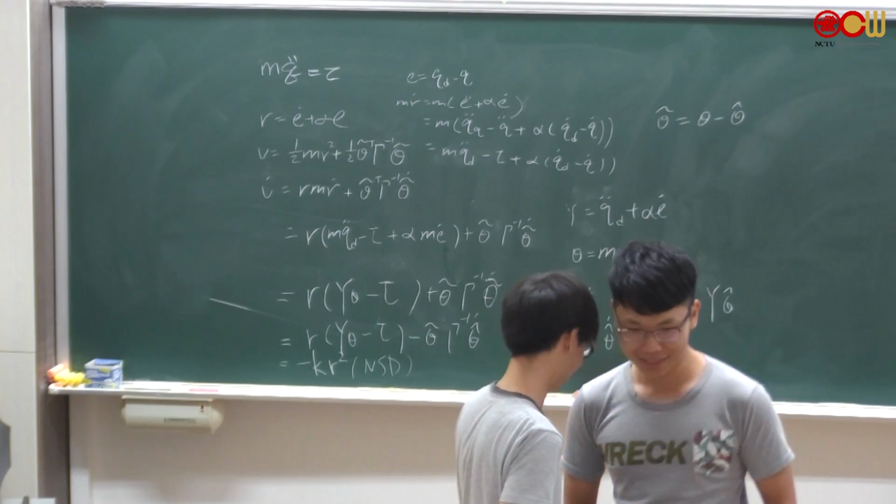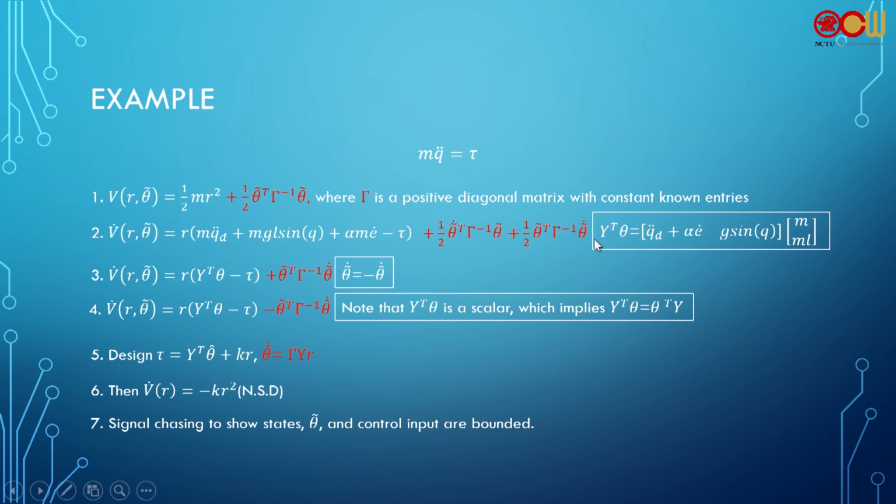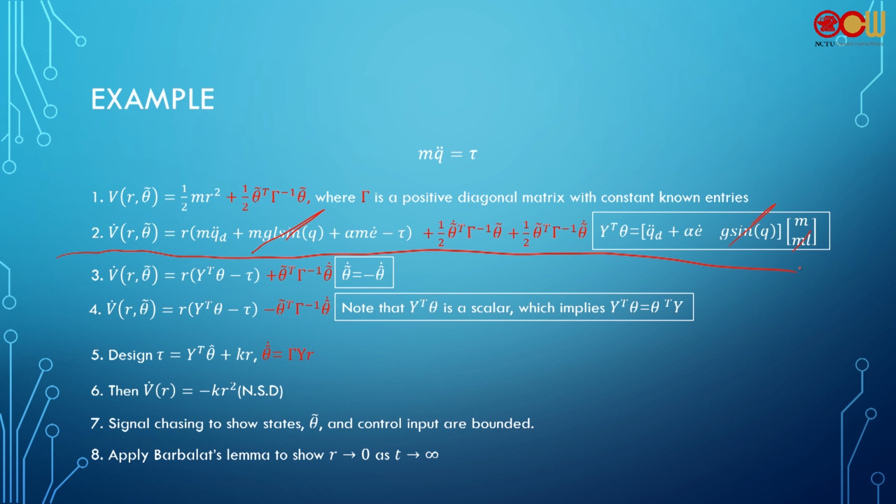Here is how we will do it. Let me give you an example. Everything is the same other than you just eliminate this. Eliminate this, then it's the same as this. Everything below step 3 is the same because the difference in dynamics has been condensed into Y transpose theta, and everything remains the same as previous slides.